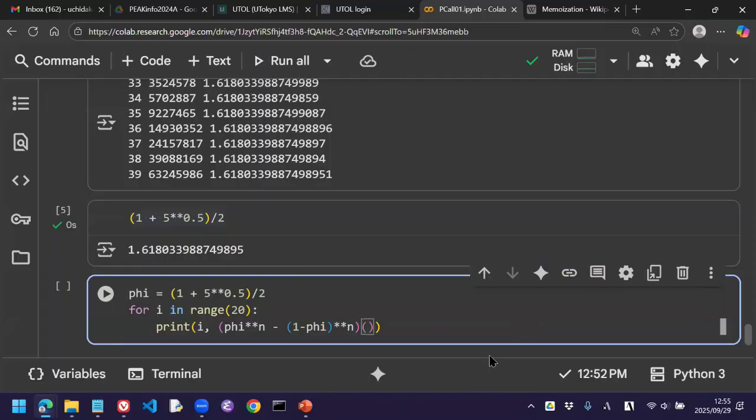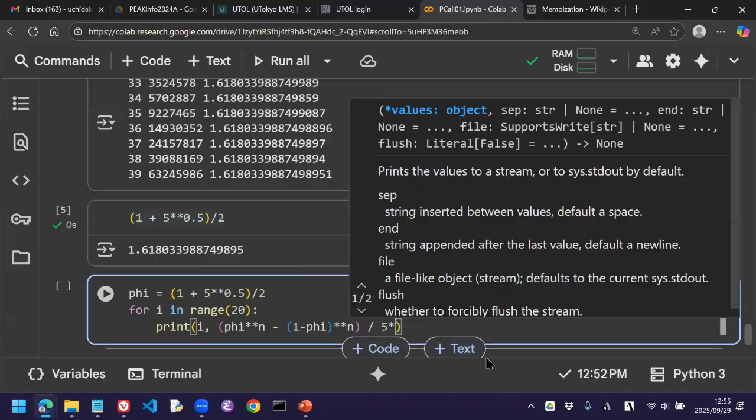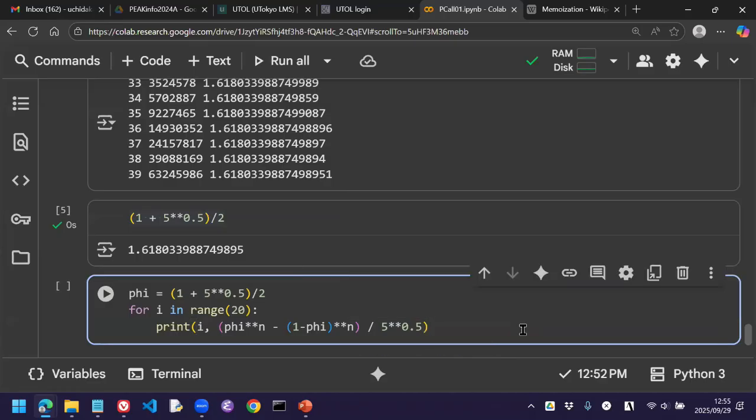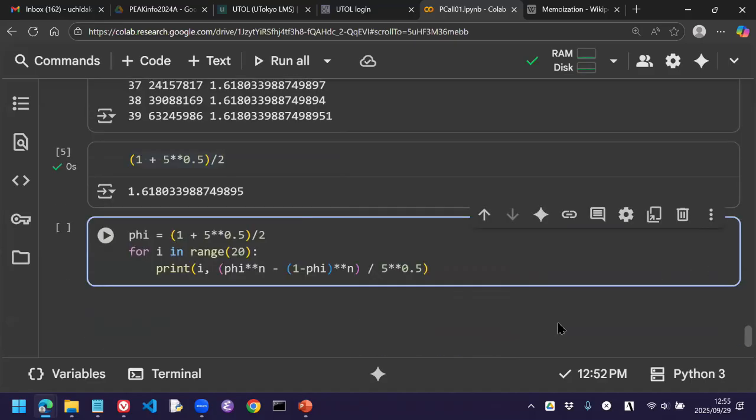So all divided by 5 to the power of 0.5. Okay, let's calculate this and see what it produces.